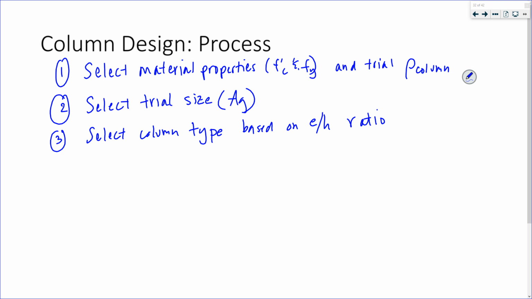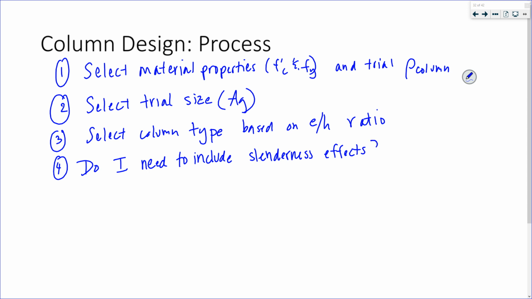And you need to ask yourself at some point, like I said, in this class we're not going to deal with any slender columns, but out in the real world you're going to have to double check that.